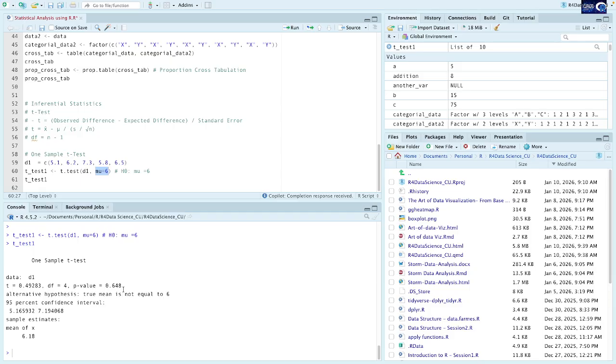Here the p-value is greater than 0.05. Then the alternative hypothesis confirms the specific test performed when the null hypothesis fails.